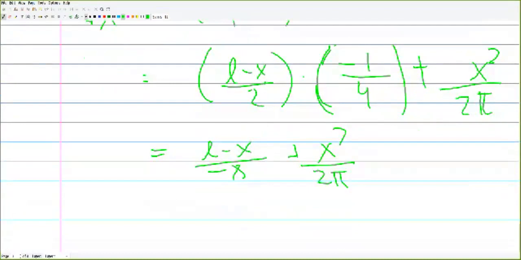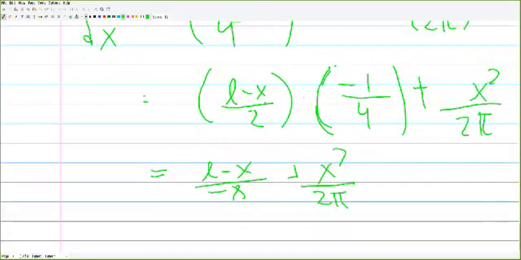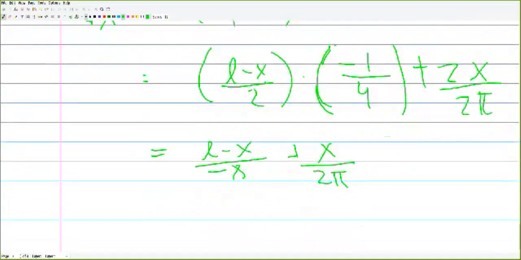Oh, no, it's not x squared, it's 2x. And then I cancel what they want, so it's x over 2 pi. I almost got it wrong. Okay, now it's right.